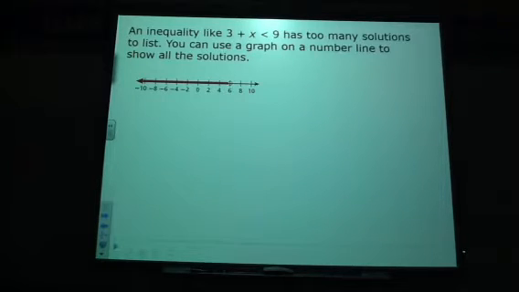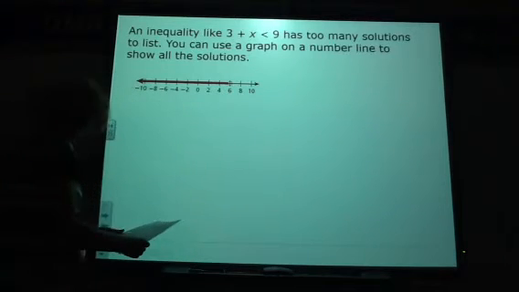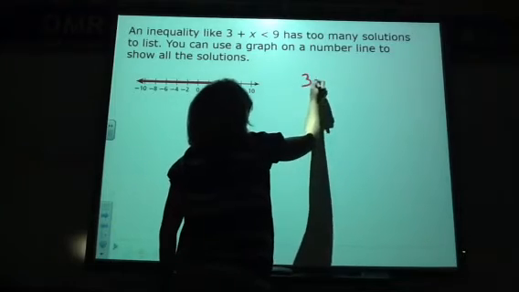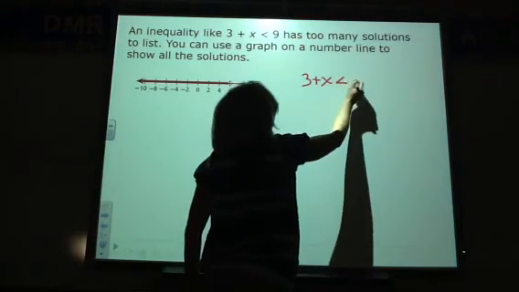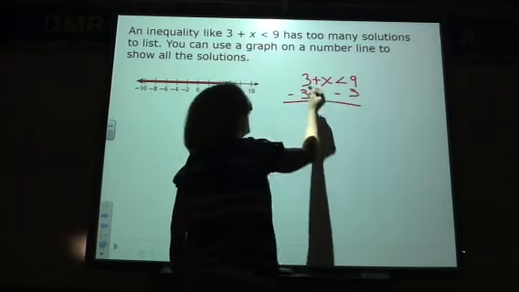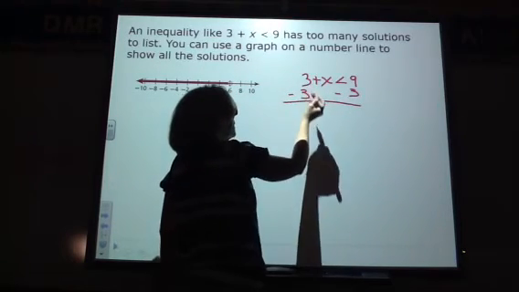An inequality like 3 plus x less than 9 has too many solutions to list. You can use a graph on a number line to show all the solutions. Okay? So if we were to solve this, we would isolate that variable x. The inverse of a positive 3 is a negative 3.